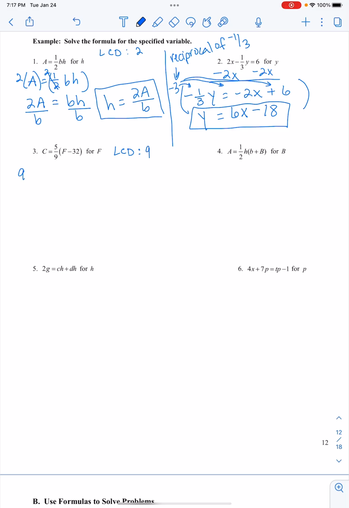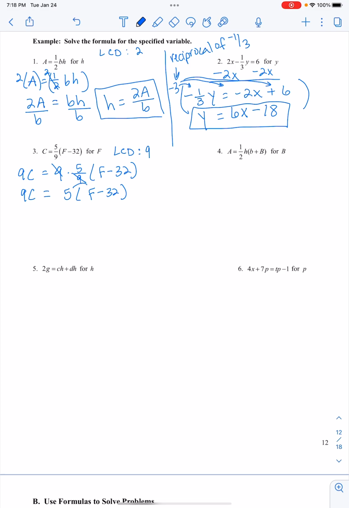So I'm going to multiply both sides by 9. And that will help me start working on getting rid of this fraction. So 9 times 5/9, those would cancel. So now we have 9c equals 5 parentheses f minus 32.